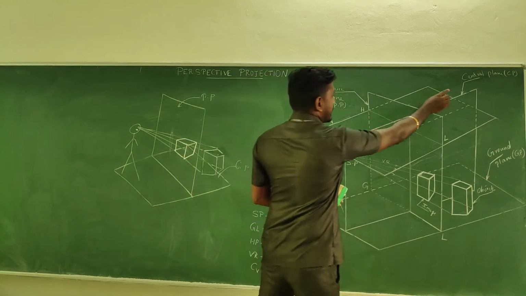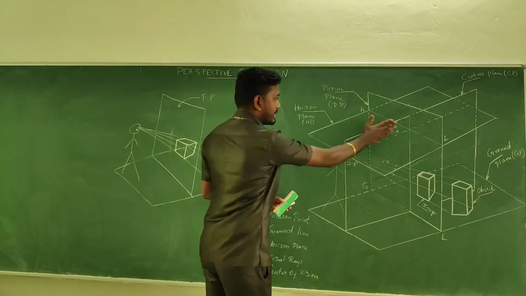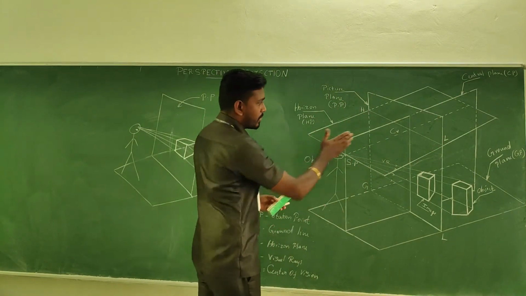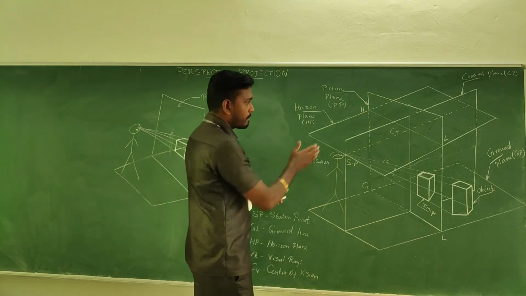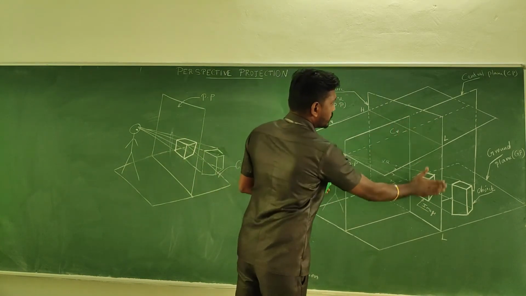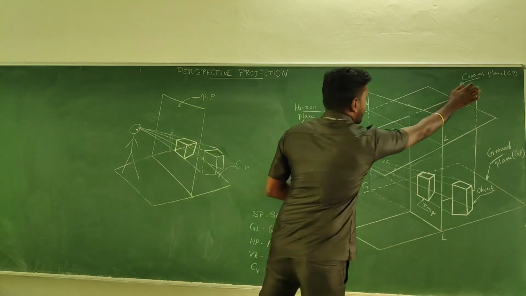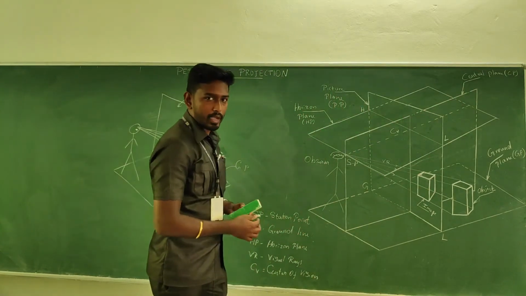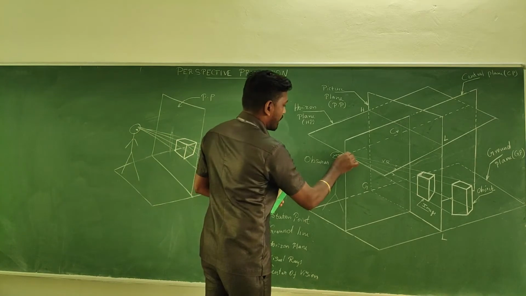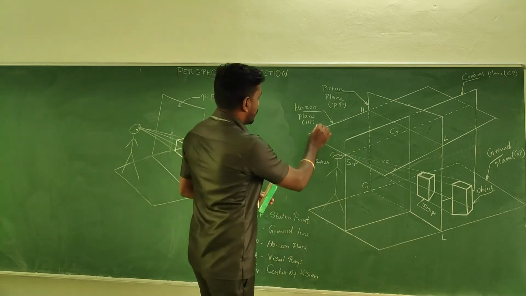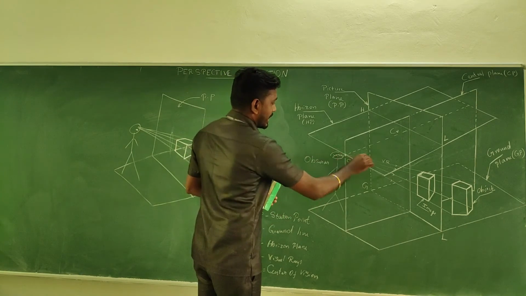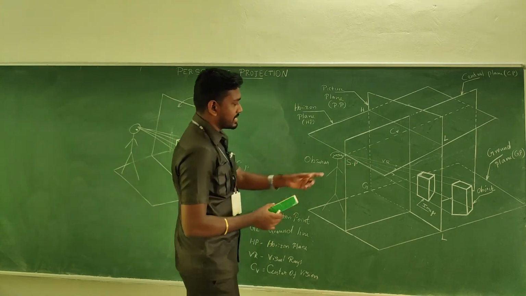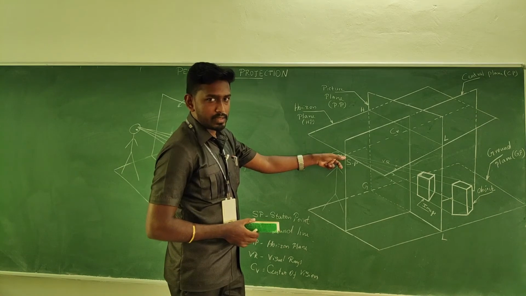So we call it the center plane, which is kept at the center, just perpendicular to the picture plane. So this is how the arrangement is done. This plane we call the center plane. The center plane, the station point and the horizontal plane are intersecting at this particular place.